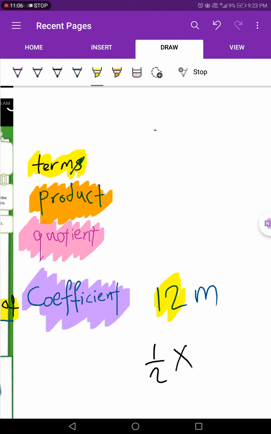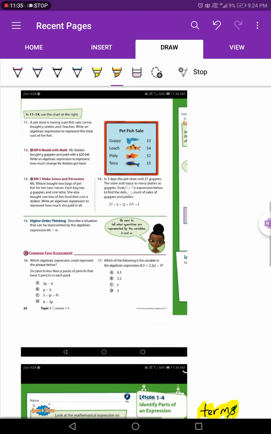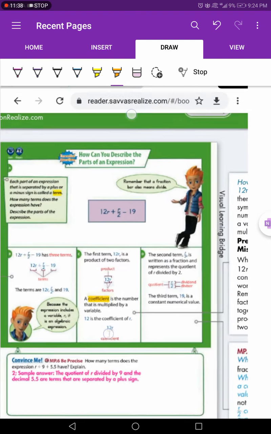We call 1 over 2 the coefficient. If I ask you what is the coefficient of this product, you tell me it is 1 over 2. What is the coefficient of the product 12m? You tell me the coefficient of 12m is 12. My boys, is that clear? I hope so.